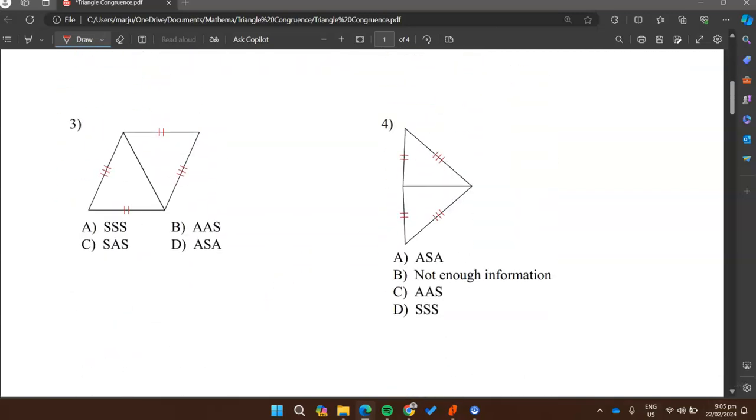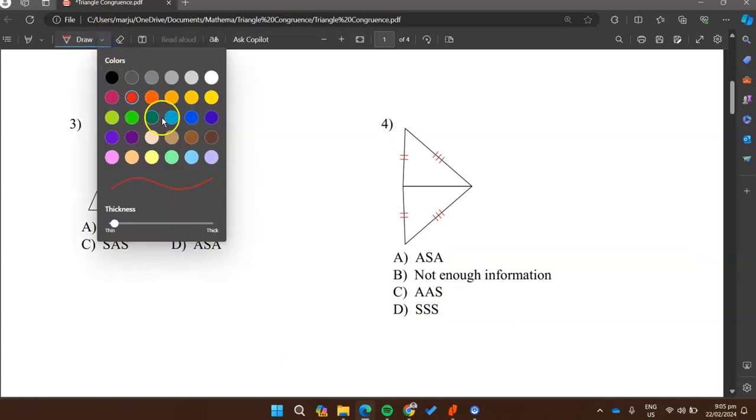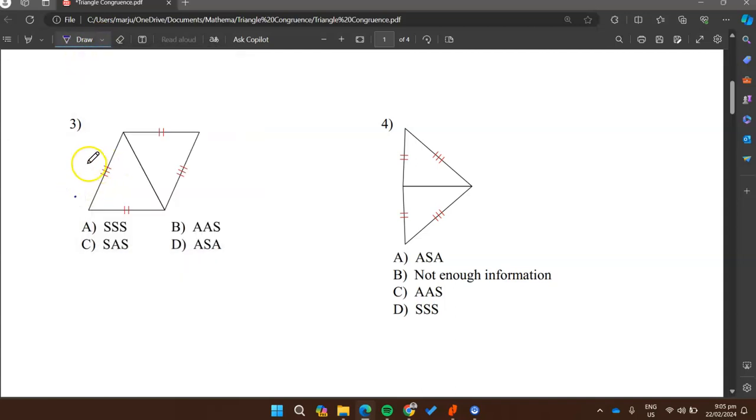Let's have number 3. Again, the same concept as earlier. Let me just pick another color. We are given this side is congruent to this side to this side, and again this side is congruent to itself. Are these two triangles congruent?